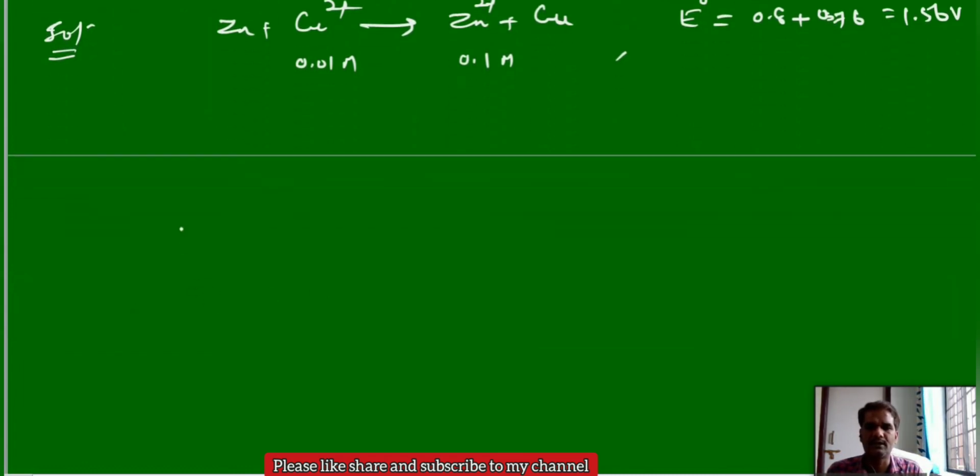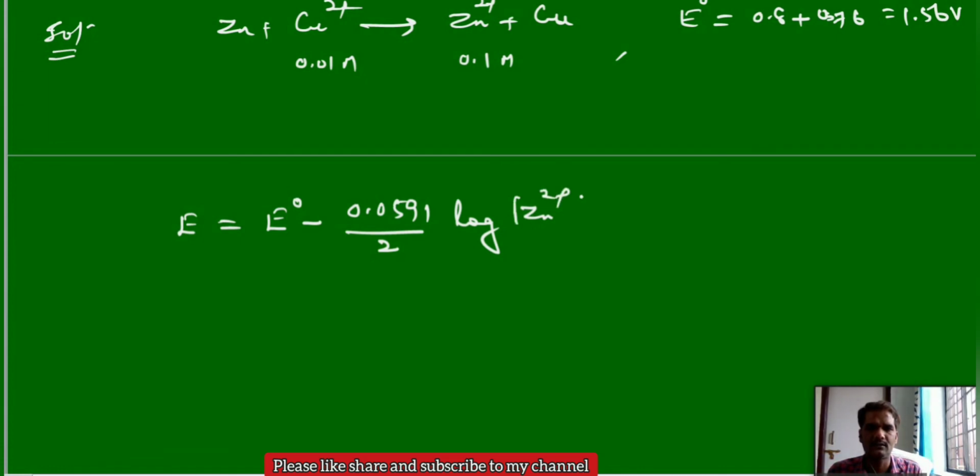You can write E cell is equal to E naught minus 0.0591 by the number of electrons transferred, here 2, log of zinc 2 plus concentration by copper 2 plus concentration. Here E naught is 1.56 minus 0.06 by 2, approximately.